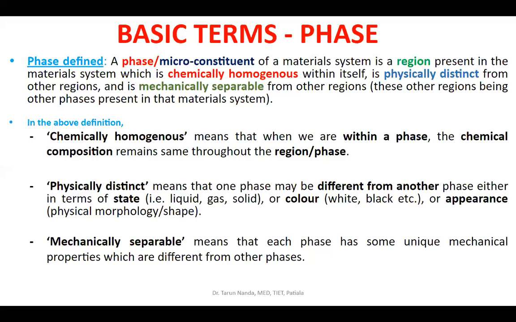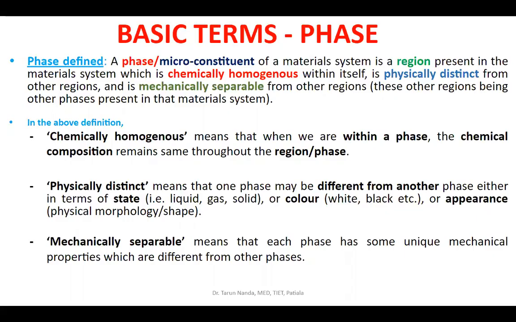Now, if all these things which I've spelled out, the chemical composition, the physical state and color, the mechanical properties, are the same and uniform within a particular region of a materials system, you are in a particular phase of that materials system.